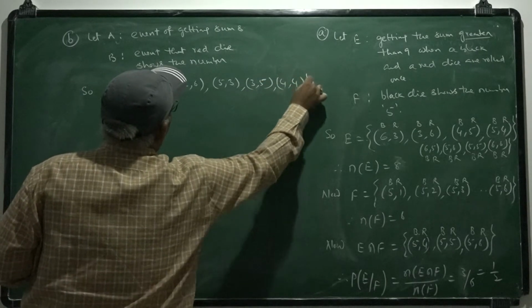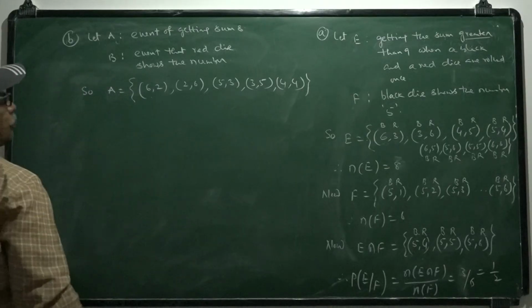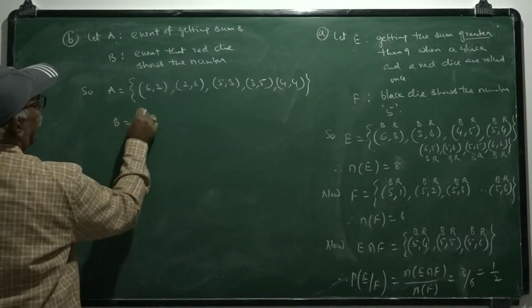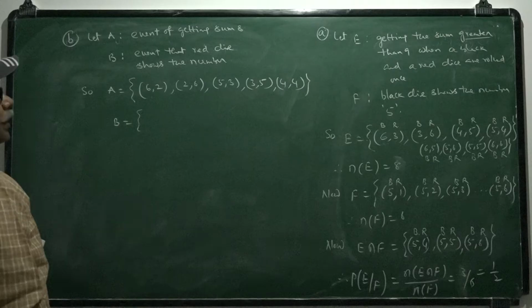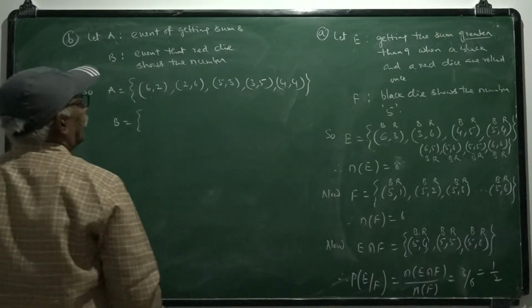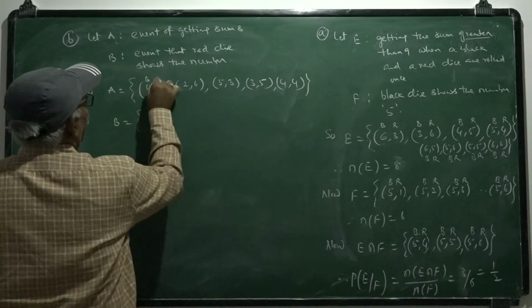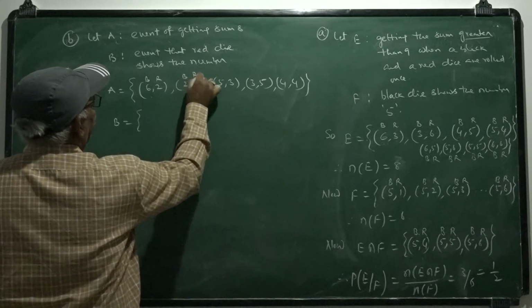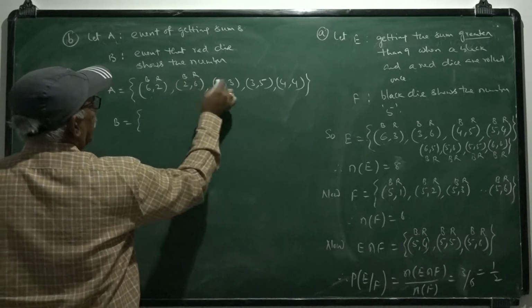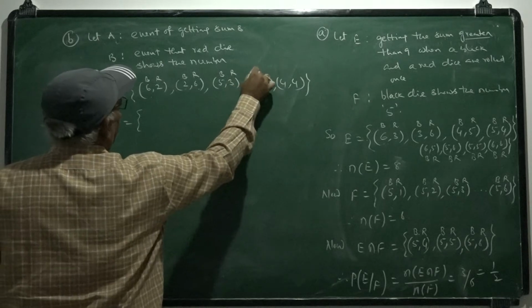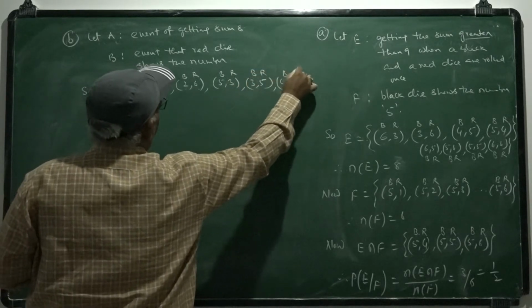Okay. These are the possible outcomes for A. This is the number on black and this is on red.